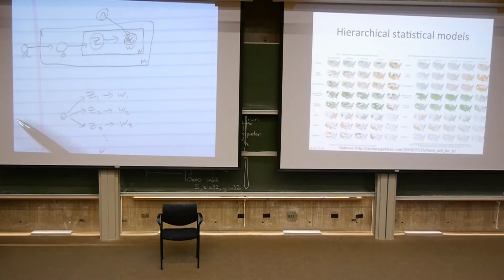Okay, so another thing you can do with graphical models is come up with hierarchical models where you have latent factors that influence each other. So in this case, this was some political scientists and statisticians.